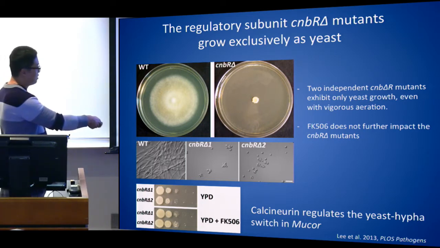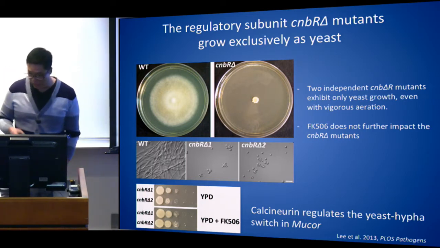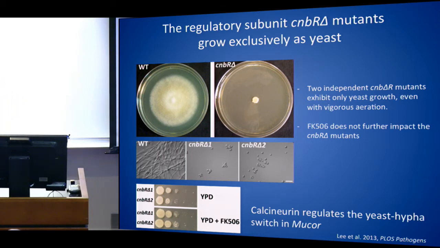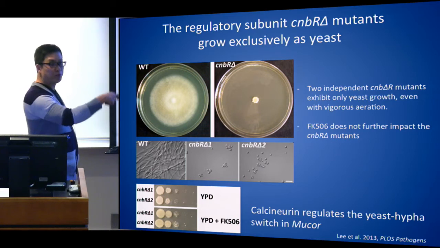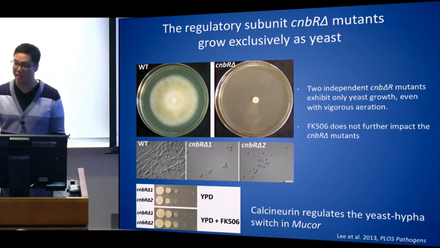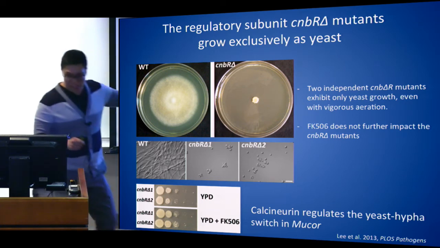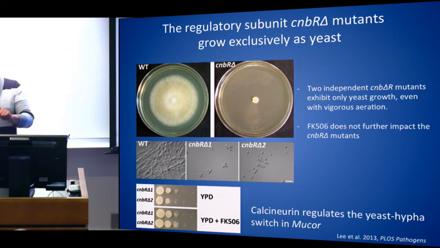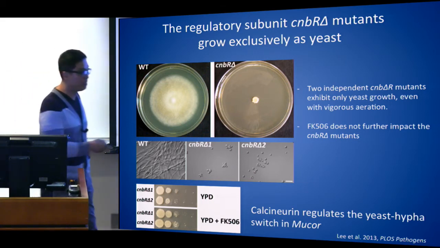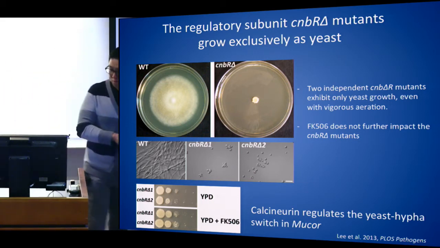FK506 does not have a further impact, which means calcineurin is the only target in Mucor. So we genetically proved calcineurin is the key regulator of the morphogenic switch. Genetics, mutation analysis and drug tests all conclude that calcineurin orchestrates this morphogenic switch.